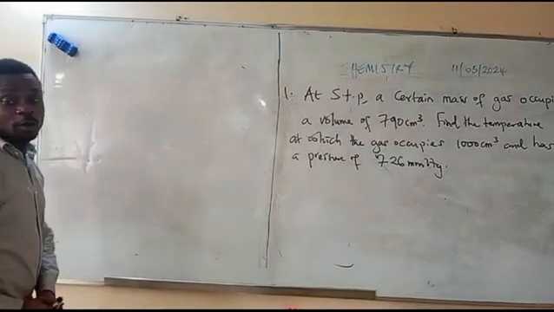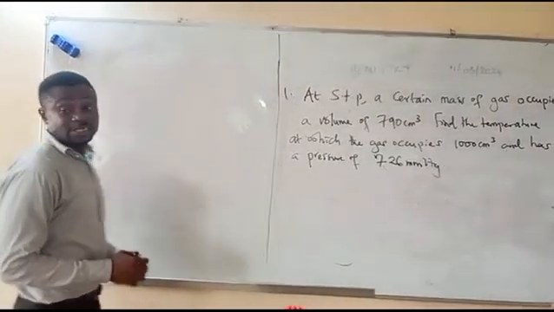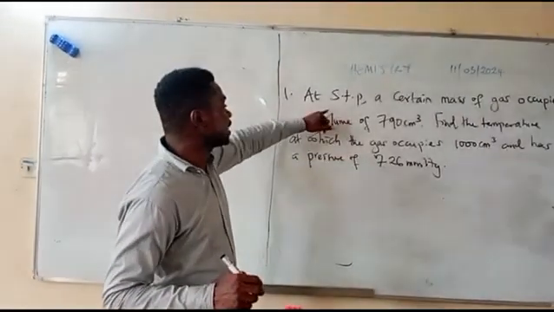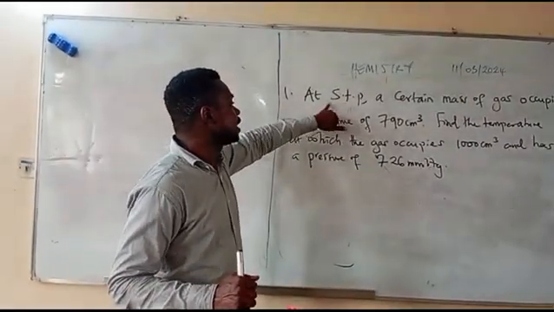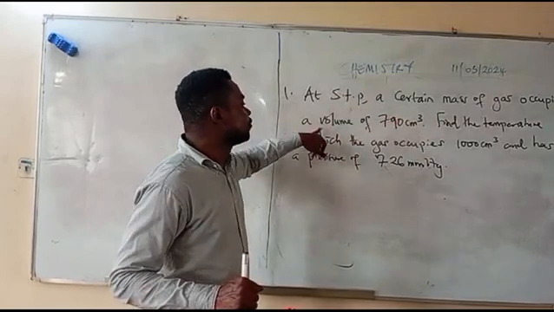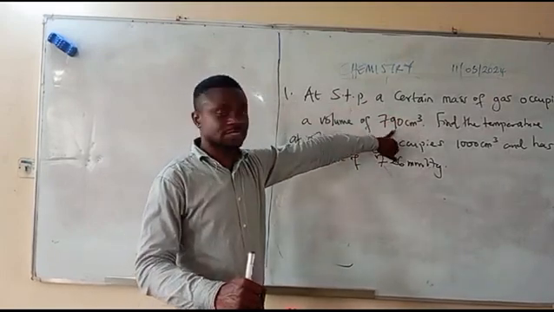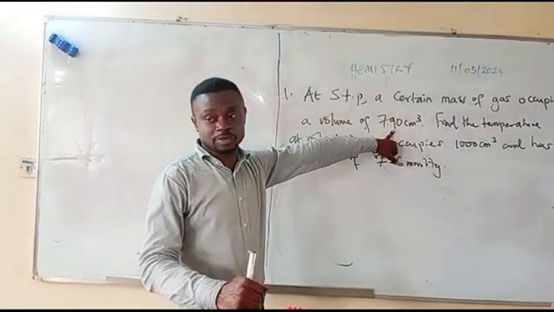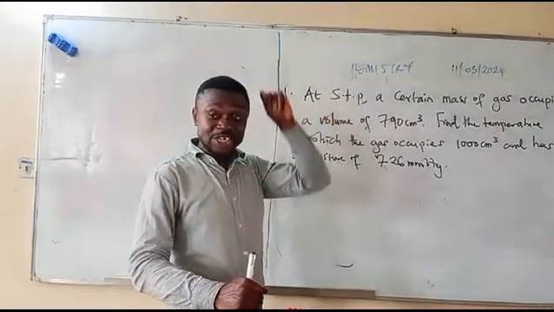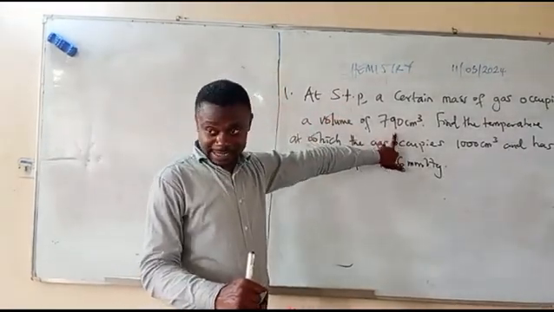All right, look up. The question says, just pause, look up. The question says at STP, a certain mass of gas occupies a volume of 790 cm³ at STP, standard temperature and pressure. The volume is 790.